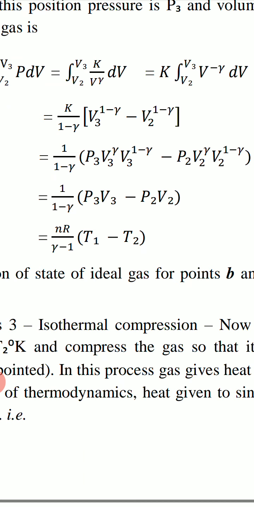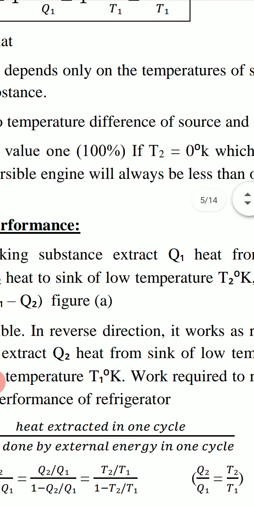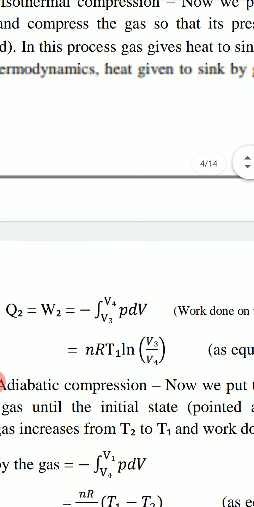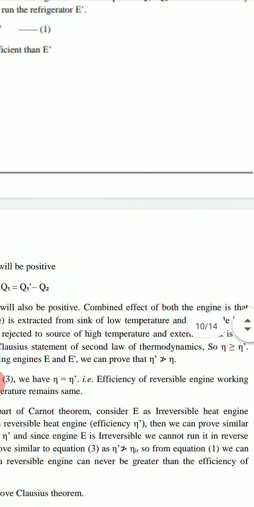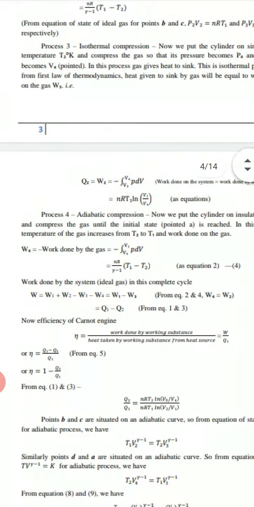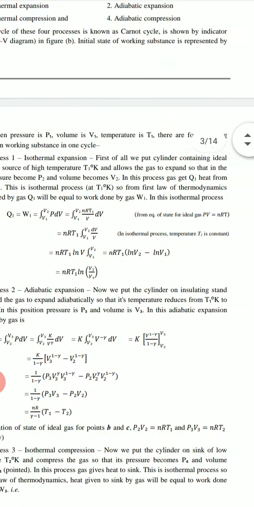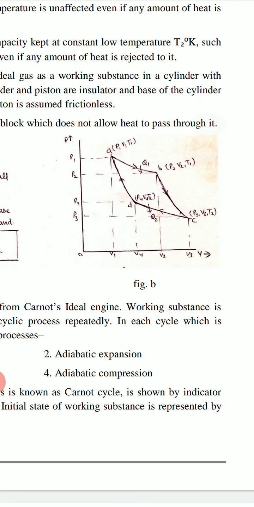P2 V2 is the state at point B, where the temperature is T1.